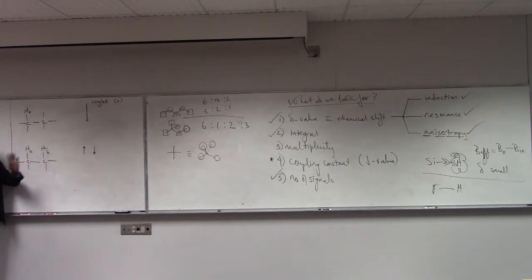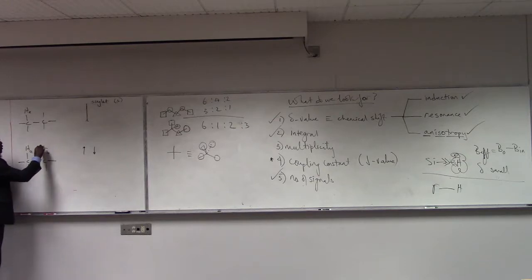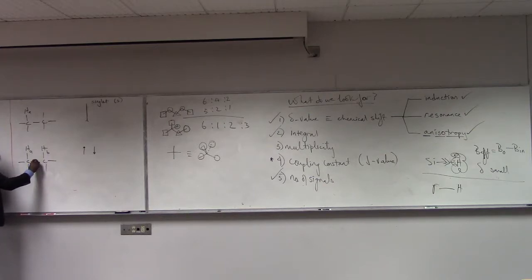HB, because it's in coupling distance, and I didn't mention that, but HB and HA can couple with each other. Because the spin state of the nucleus impacts the electrons in a covalent bond, which impact that nucleus. So we're transmitting information about spin states from this nucleus to that one, because we're in coupling distance, 1, 2, 3. That's induction, right?